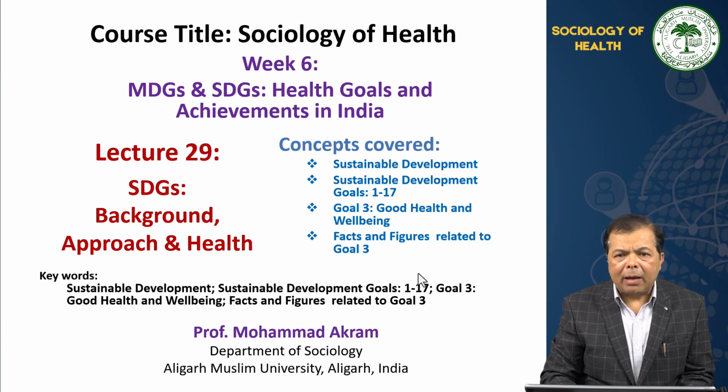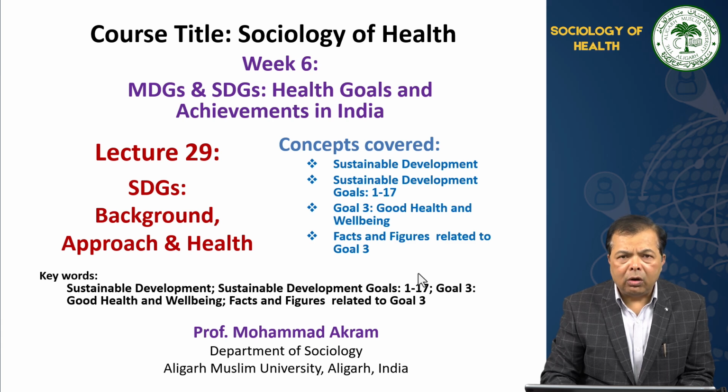The concepts that I have included in this lecture are the meaning of the term sustainable development, then the sustainable development goals, which are actually 17 in number. We will talk very briefly about each of those goals. Then we will talk about goal number 3, which is related to good health and well-being.